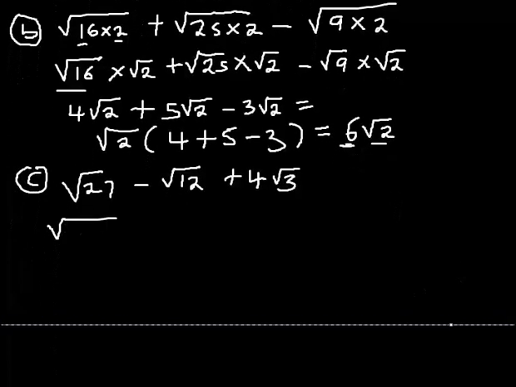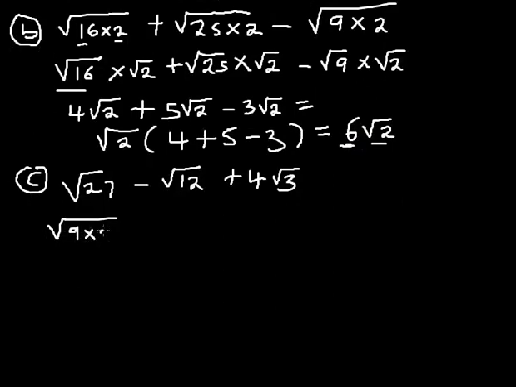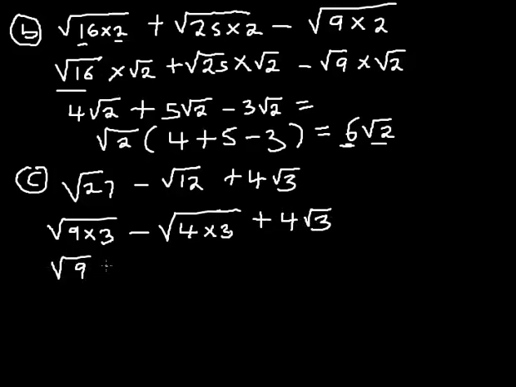So 27, of course, is 9 times 3. 12, what we have is 4 times 3. Then plus 4 root 3. So this is going to be the square root of 9 times the square root of 3 minus the square root of 4 times the square root of 3 plus 4 root 3.